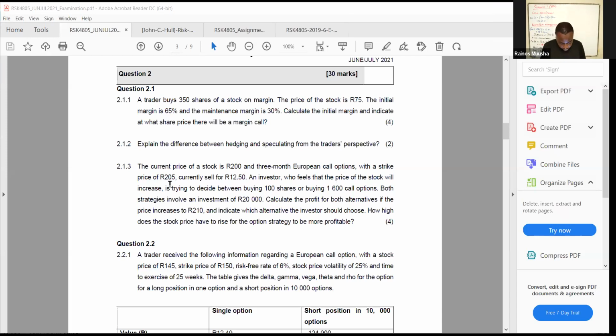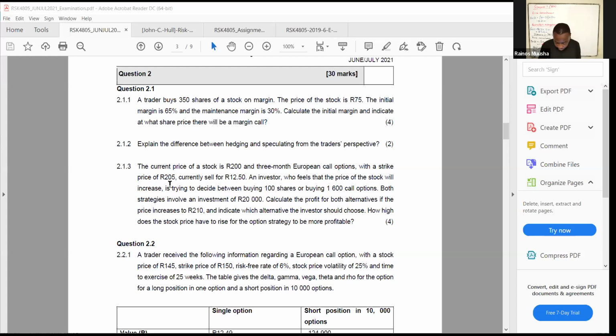So if you check the information that they give us, they tell us that the trader buys 350 shares of the stock on margin, and the price of the stock is 75 rand. The initial margin is 65%, and the maintenance margin is equal to 30%.